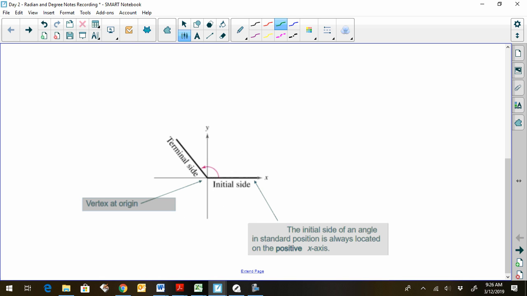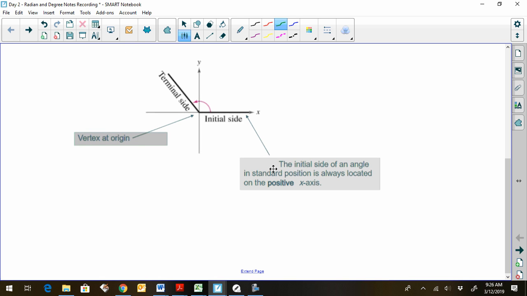Here are a couple of vocab words for us. The parts in gray, you're welcome to write, but you don't have to. So we're always going to start with our initial side at the same place. It will always start from the origin, and then it will continue on this positive x-axis. Then the terminal side is going to be where our angle is shown, right?